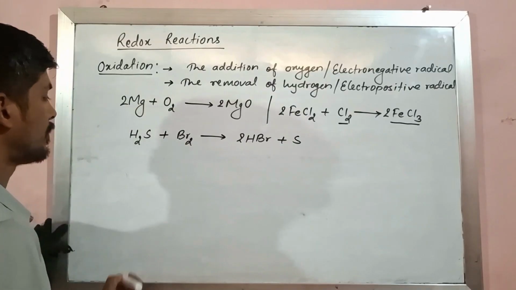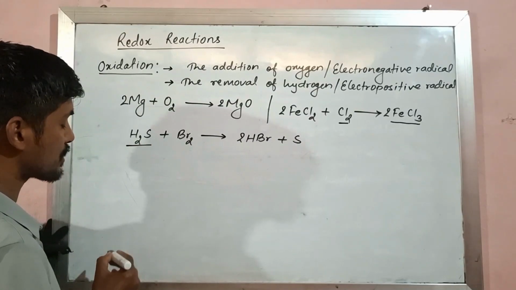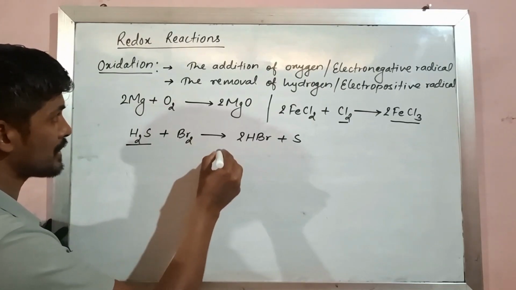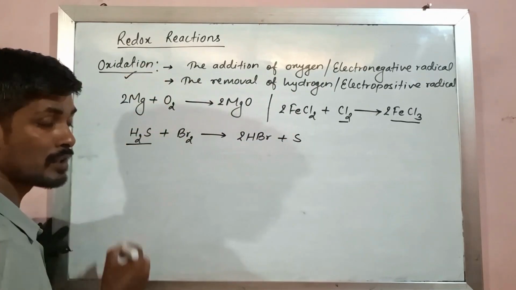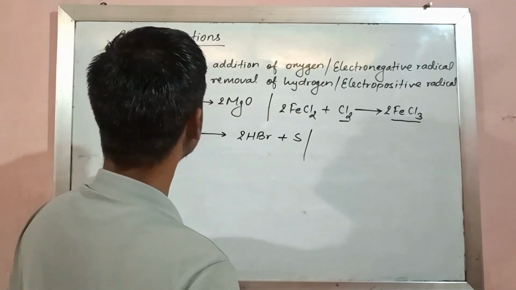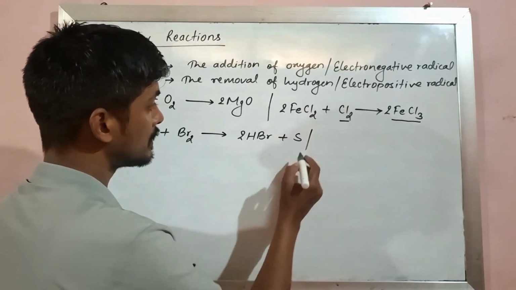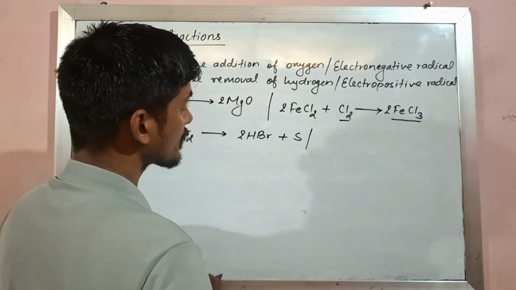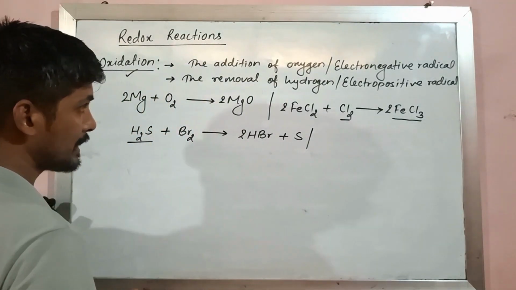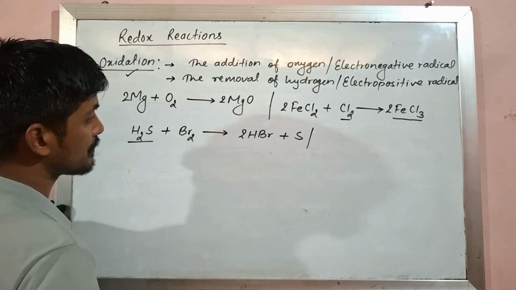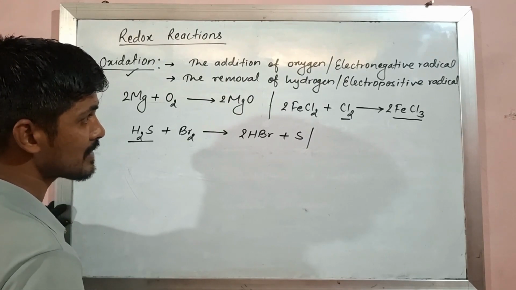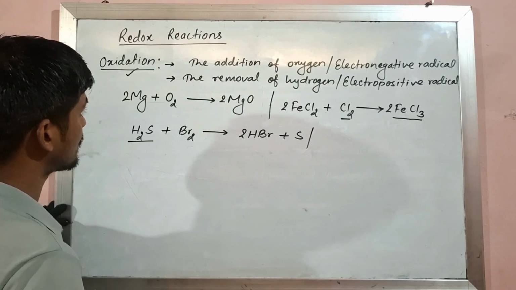In this case, the hydrogen is removed from hydrogen sulfide, due to which we call it oxidation. Or we can take another example, removal of an electropositive radical. Whenever an electropositive radical is removed, then it is known as oxidation.